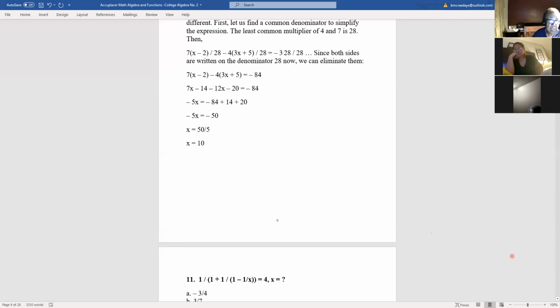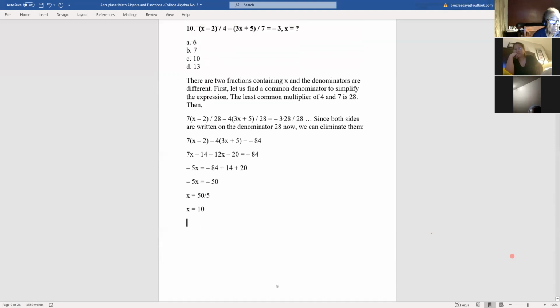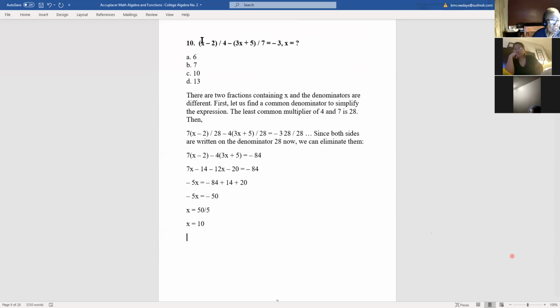So let me write it down here, like I had it before, not with the slash, because that makes it harder to read. So x minus 2, and let's underline, and we put the 4 here, underneath, and then take the slash out.